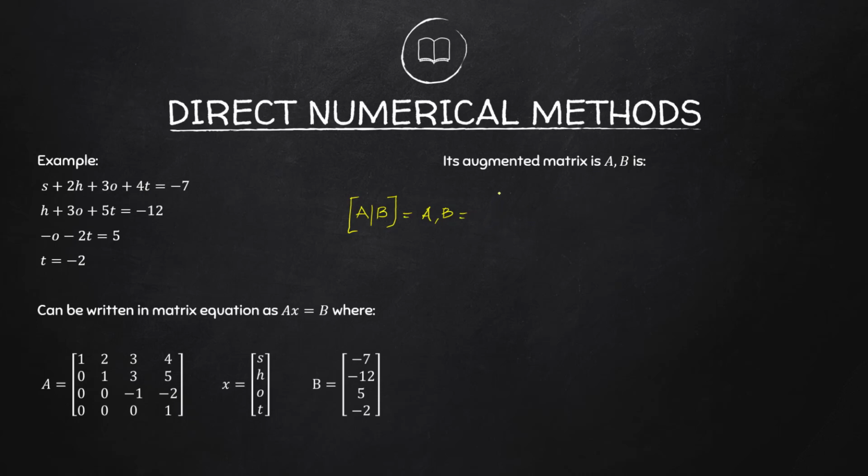This is equal to 1, 2, 3, 4. For the constants, negative 7. This is 0, 1, 3, 5. This is negative 12, 0, 0.